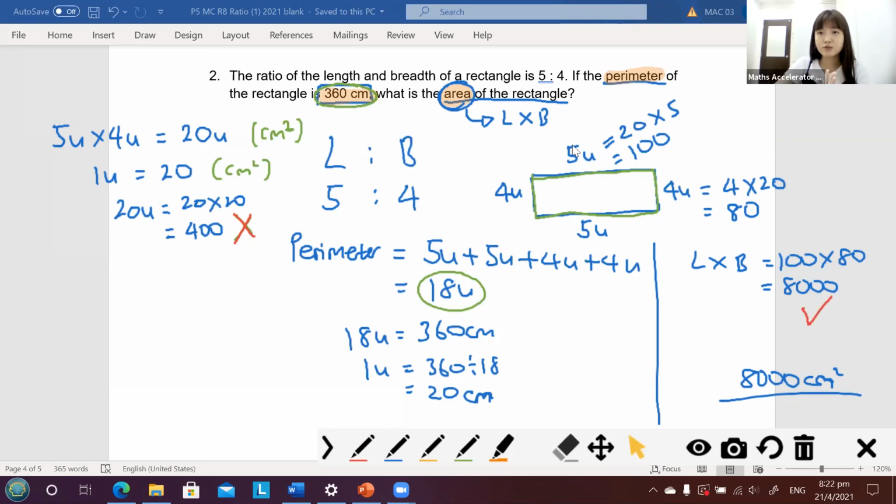Try not to times the units together. Always find individually, then look for what they want. Okay, finish up. We go to the last question.